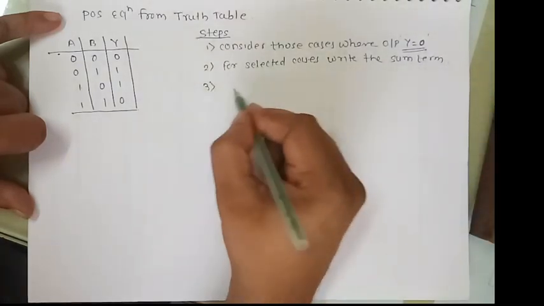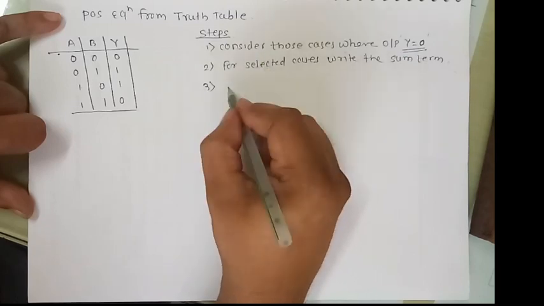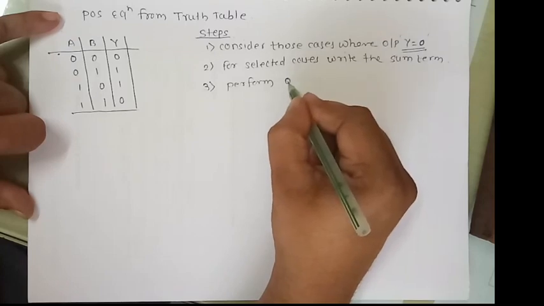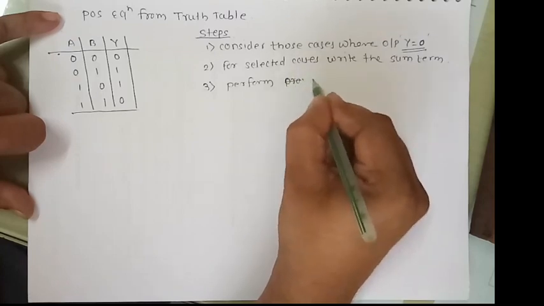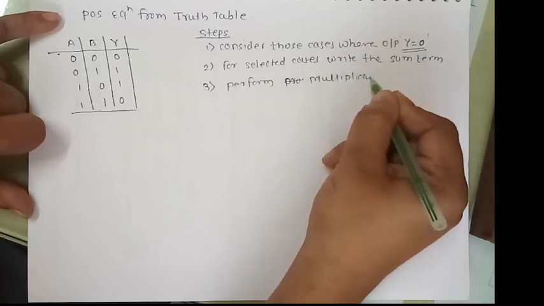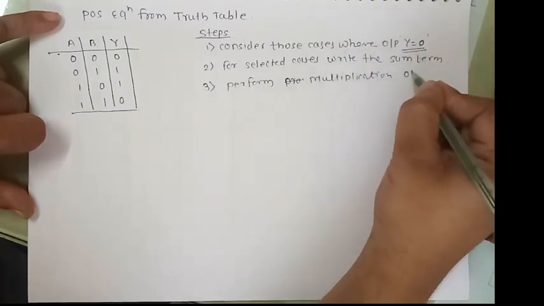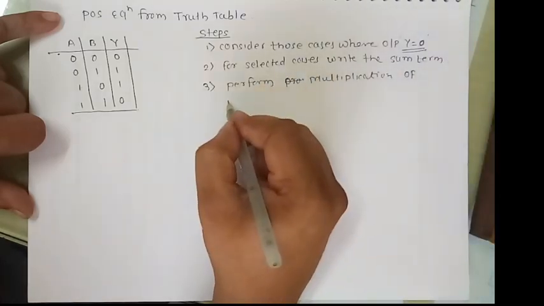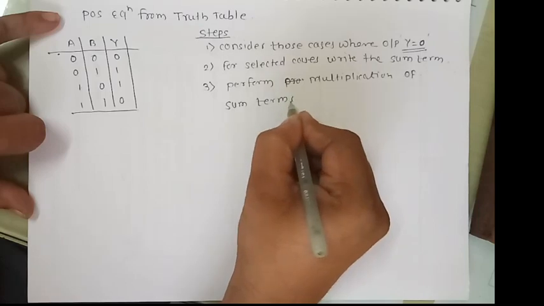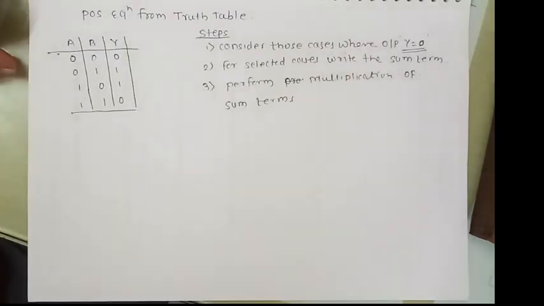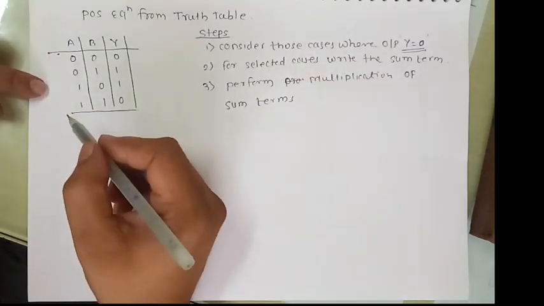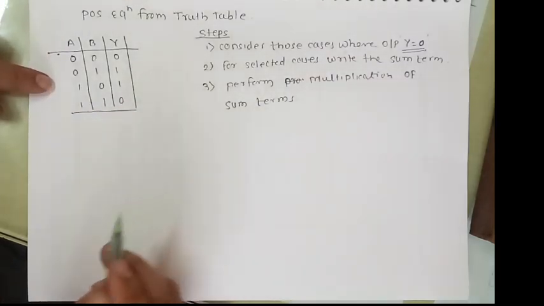And the third one is perform multiplication of sum terms. So we need to follow these steps to write the POS equation from this given truth table.